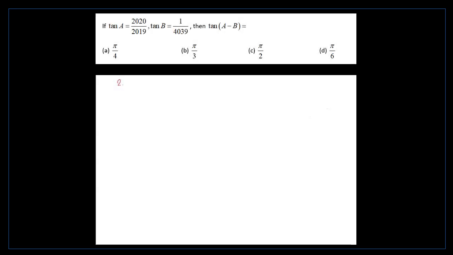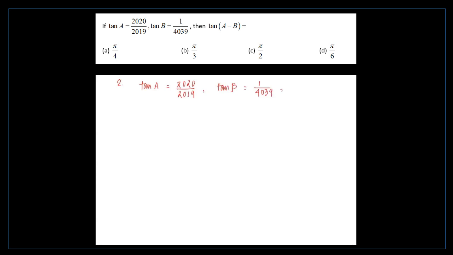Next we come to the next expression, which is given as tan A equal to 2020 by 2019, tan B equal to 1 by 4039.